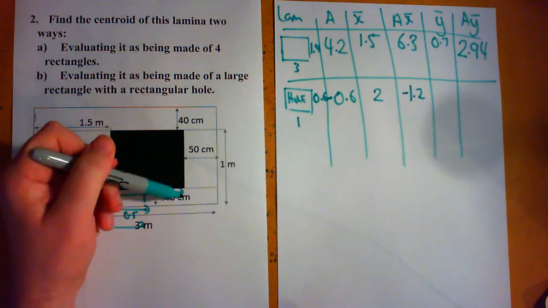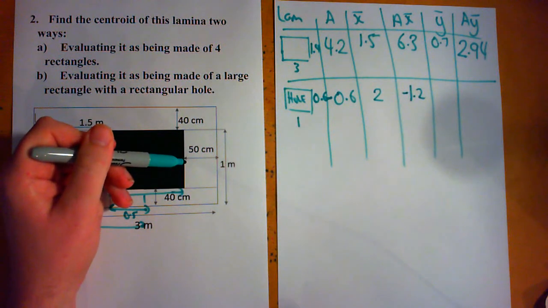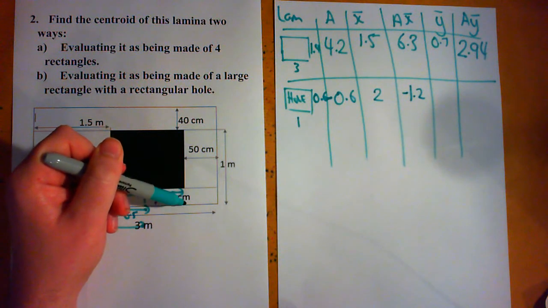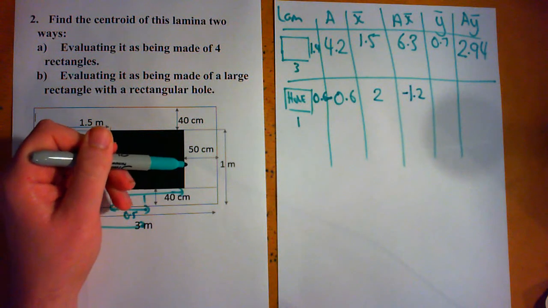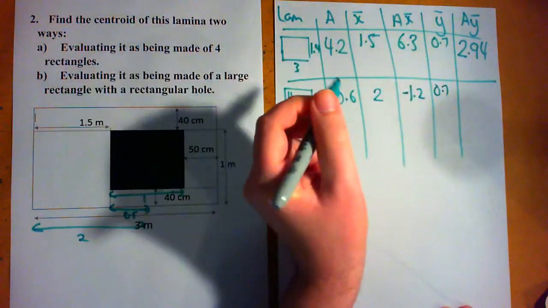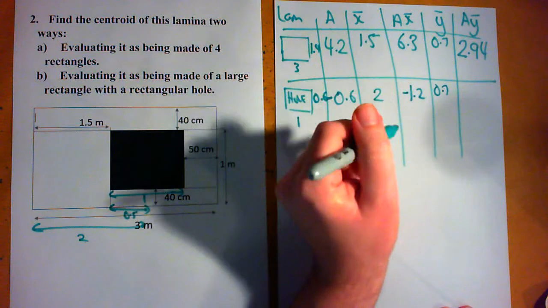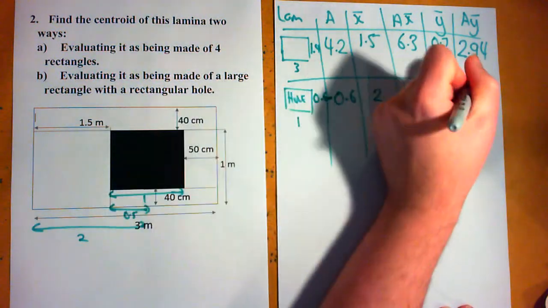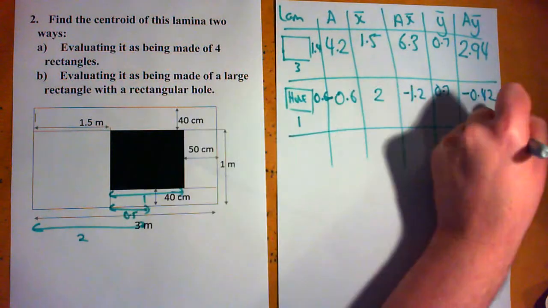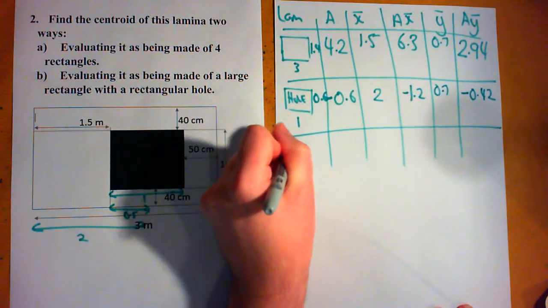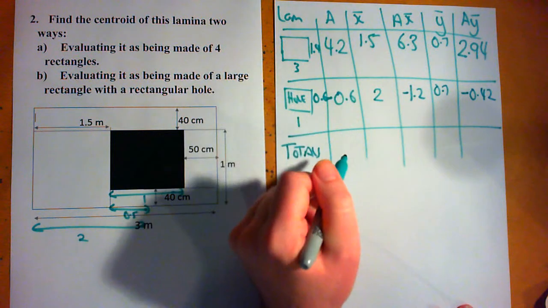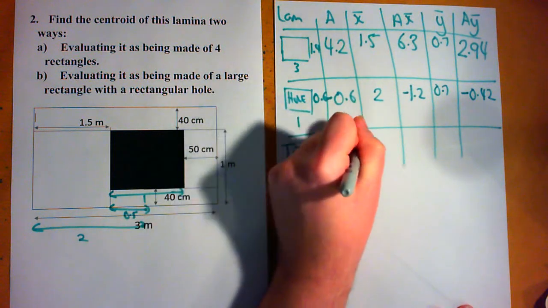As we've identified, it's 0.6 metres high, half of that is 0.3. Add in this 0.4 metres gives you a height of 0.7 metres from the bottom, and negative 0.6 times 0.7 gives you negative 0.42.